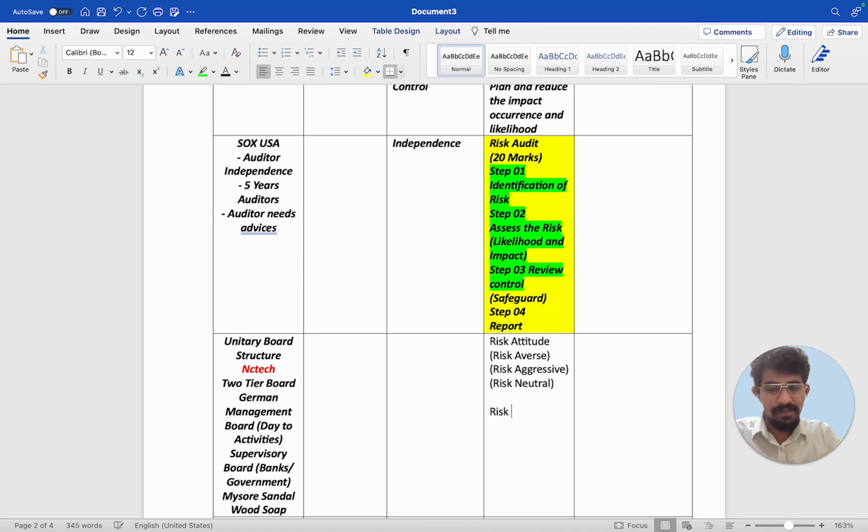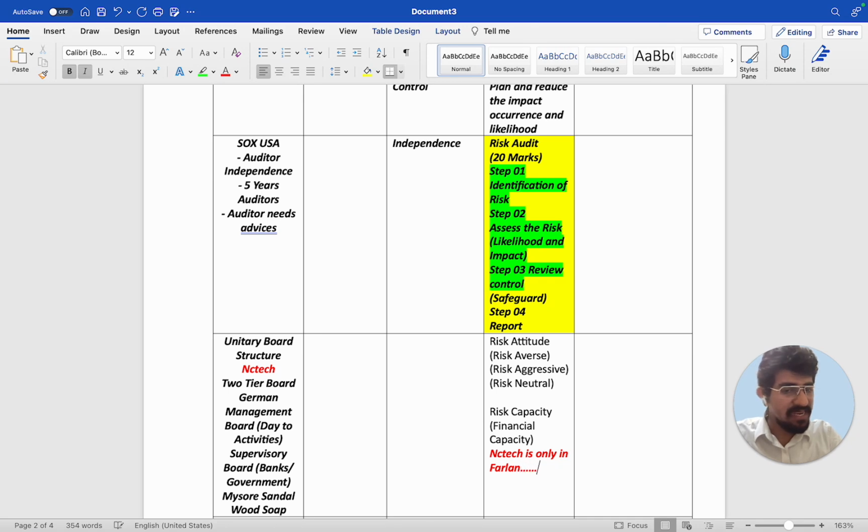And then there is something called risk capacity, for your understanding. Risk capacity means financial capacity, because that is very important. If you observe, in the case study it is clearly mentioned that Nctech is only in Falun. Keep that in mind, students.